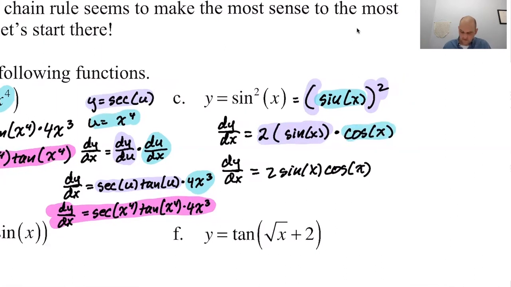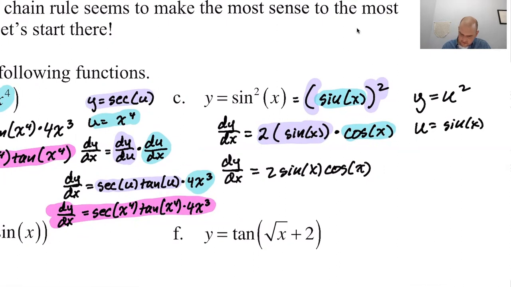So let me do this the other way. If y is equal to u squared, u is equal to sine of x. So dy dx will be dy du times du dx.